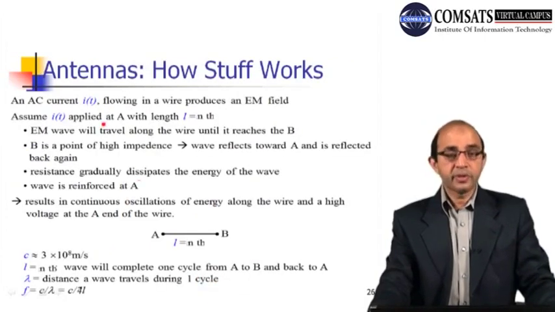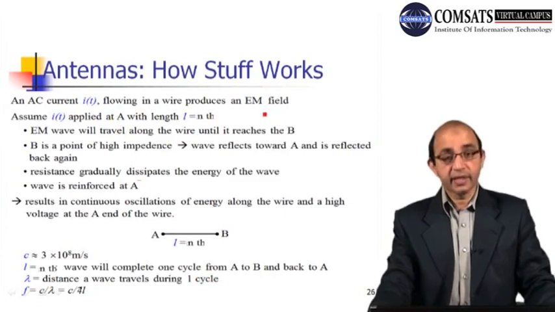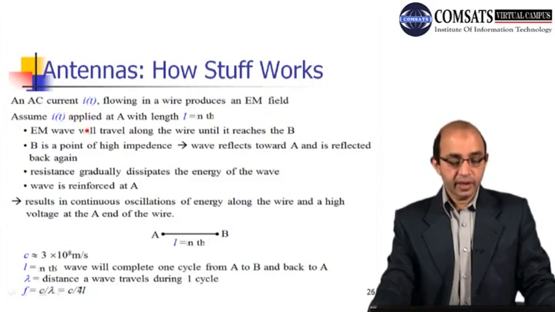For example, an AC current flowing in a wire produces an EM wave, and let's assume that I_T is the current applied at A with length L. The EM wave will travel along the wire until it reaches B. I'm taking these points A and B. B is a point of high impedance.